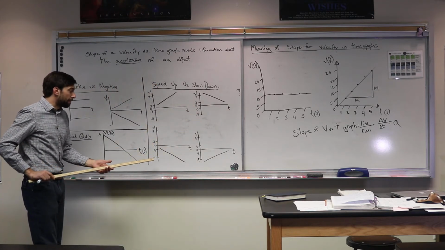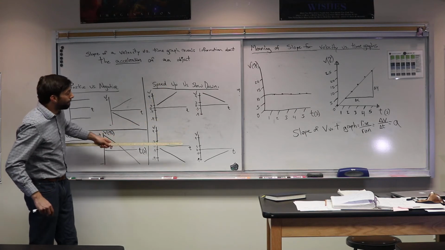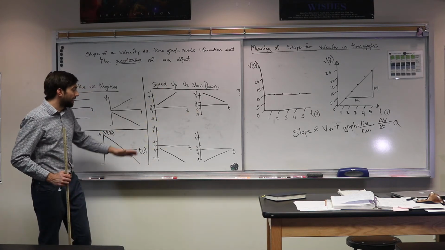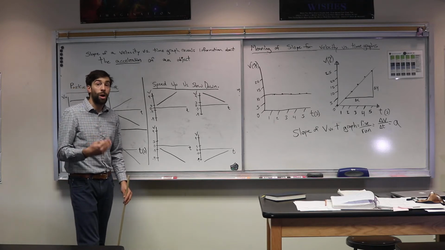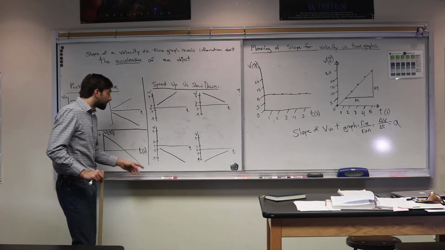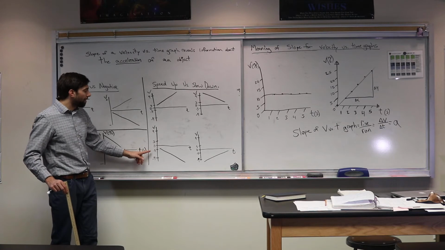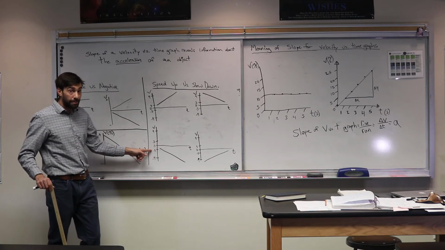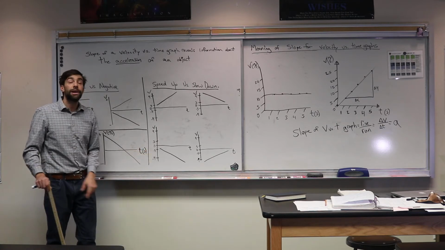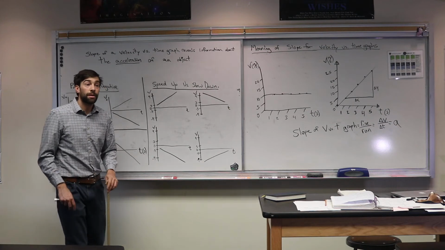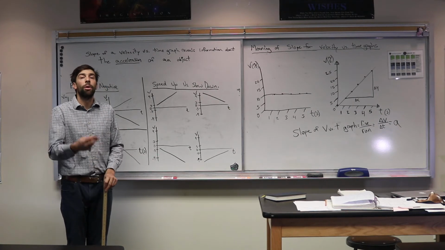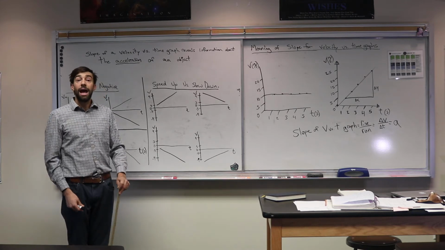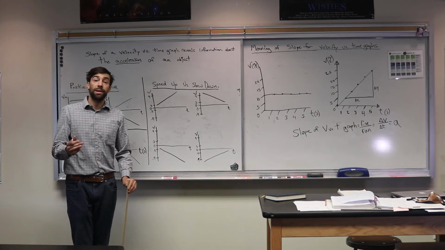Now these two examples here are in the underside, or in the negative region of the graph, on the y-axis. However, we're starting at negative 3 meters per second, and we're going to negative 9 meters per second. Can I be going slower than 0? No, we talked about this in a previous video, that I can't be going any slower than 0.